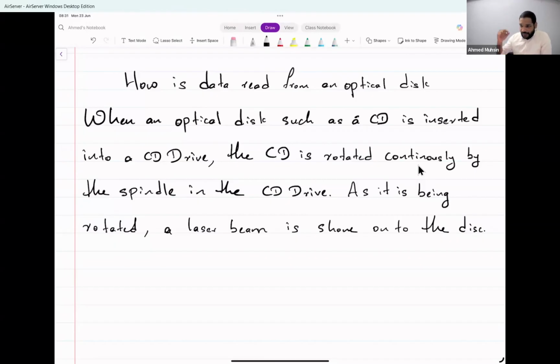When the laser beam hits a flat area in the disc, what happens?